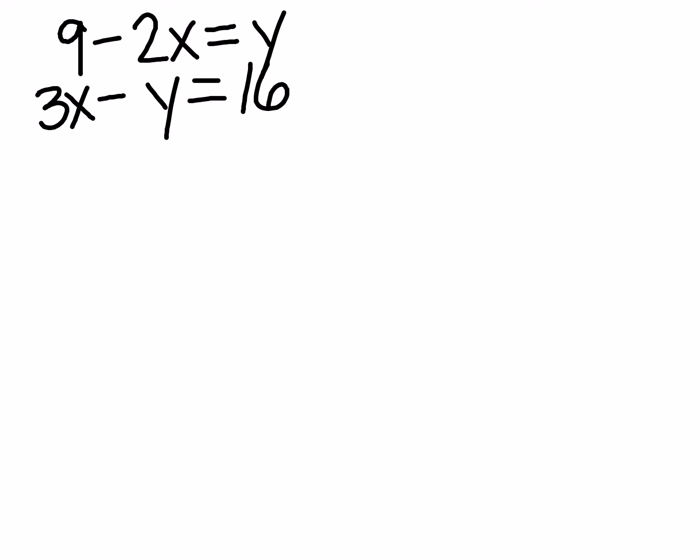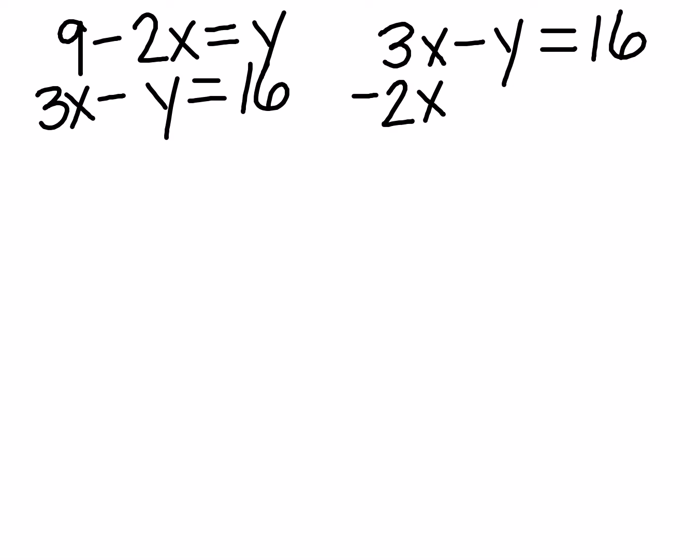I'm going to start out by writing the second equation first because it doesn't matter what order I write it in. And then I'm going to rearrange the first equation so it can line up with the second. Now, I notice the minus 2x is on the left side, we want to keep it there. So because I kept it there, I don't change my signs.